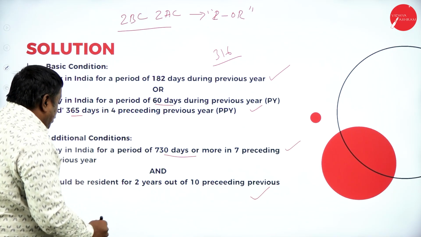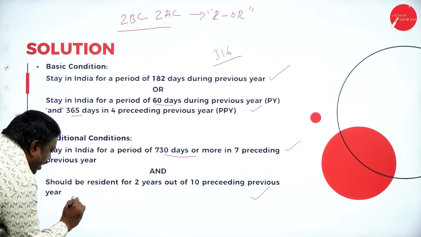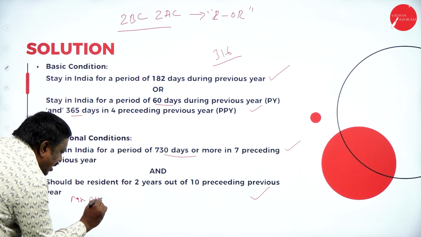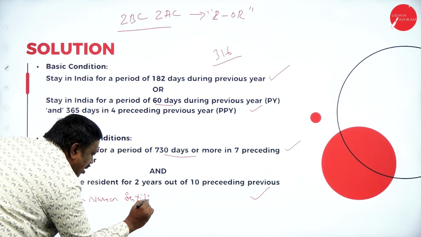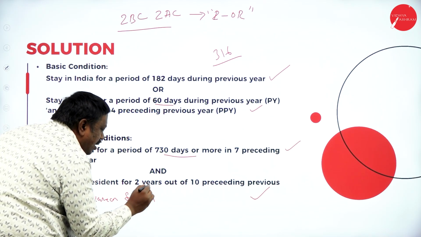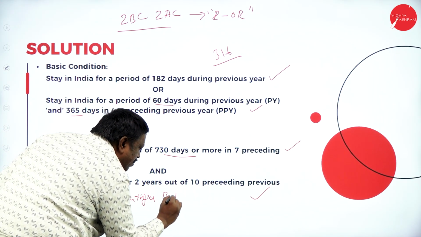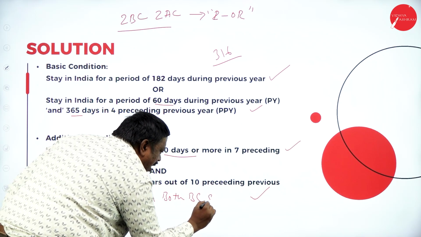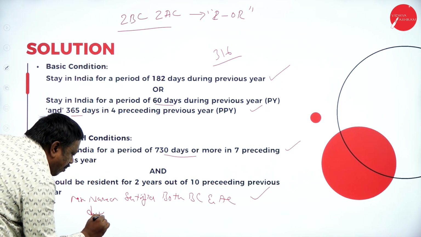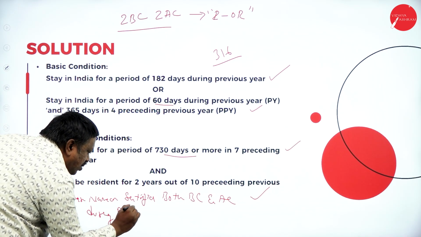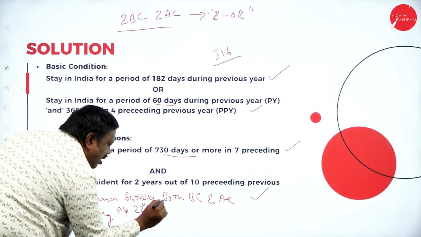So what I have to write here? Mr. Naveen satisfies both basic conditions and additional conditions during previous year 2022-23.